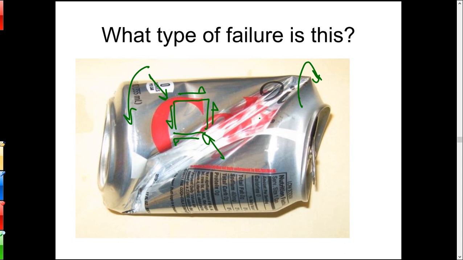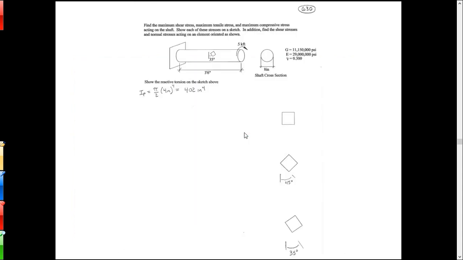So like that, we got a 45 degree failure, not quite 45. These ends kind of work things a little bit. We're good? Okay. All right.